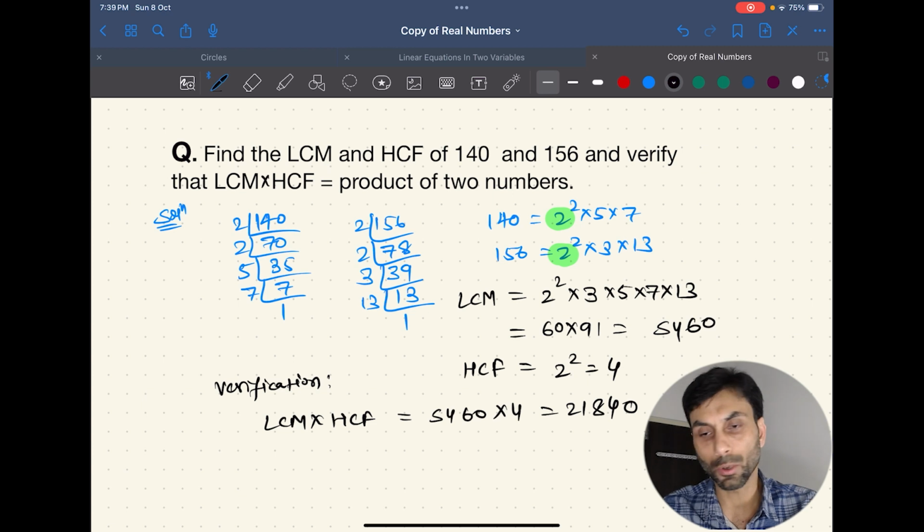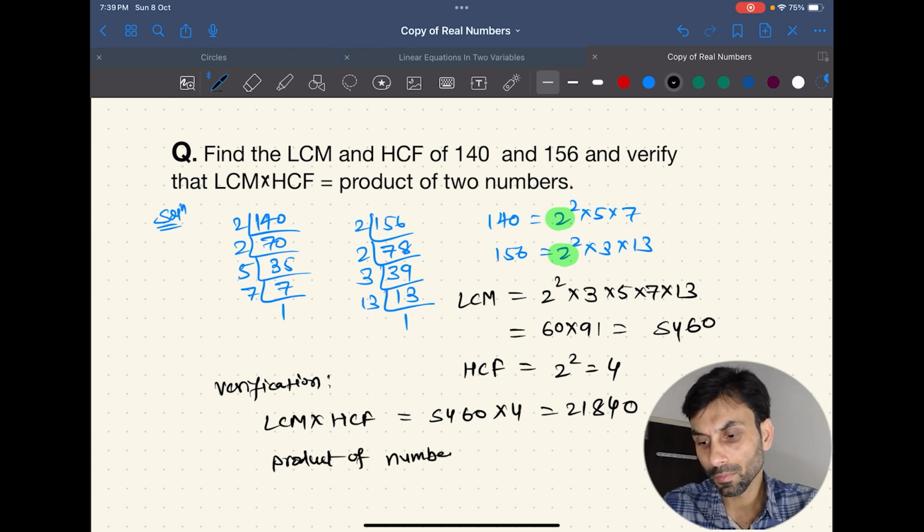Now let's find the product of the numbers also. The product of the numbers will be 156 into 140, which when you multiply gives 14 into 6 is 84, carry 8, 14 into 5 is 70, 70 and 8 is 78, carry 7, 14 into 1 is 14 and 7 is 21.